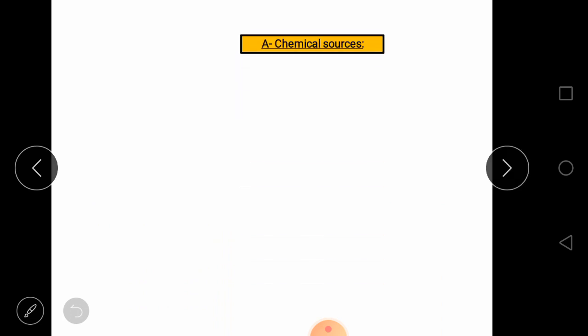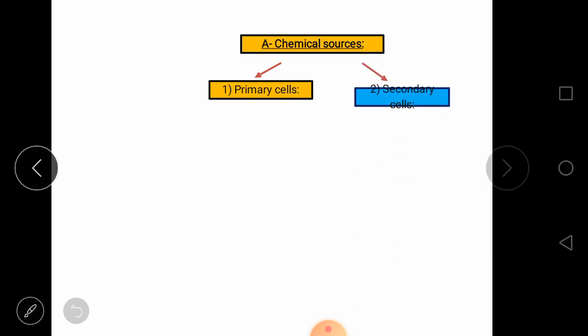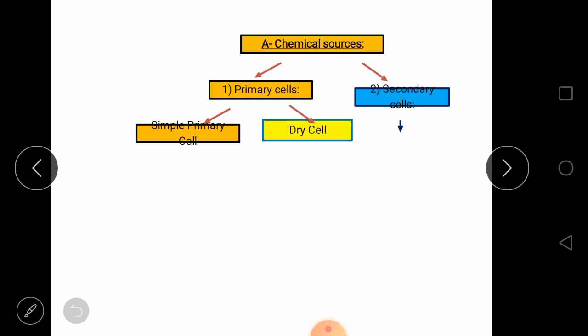Now we have the summary of these things. The chemical sources: we have primary cells and secondary cells. The primary cells are the simple primary cell and the dry cell, and for the secondary cells, the example is the lead accumulator.